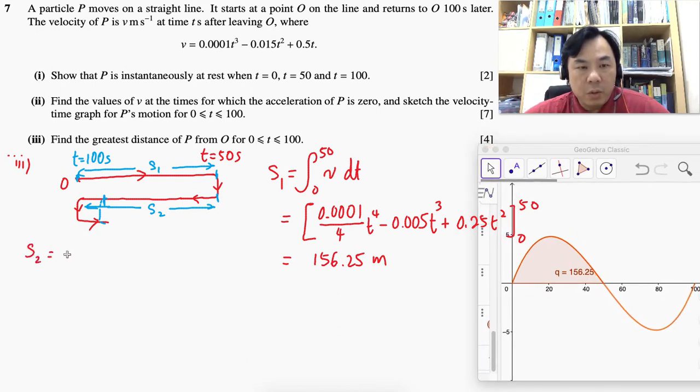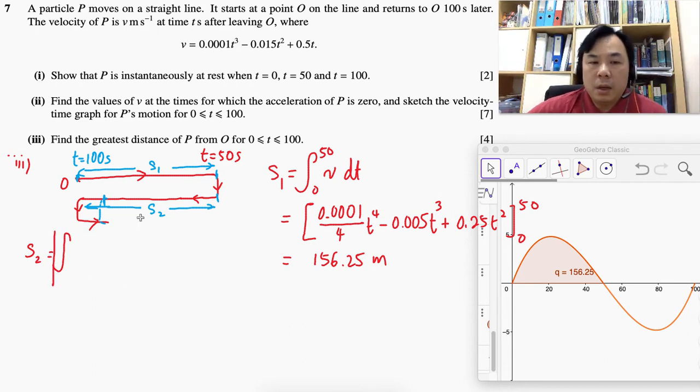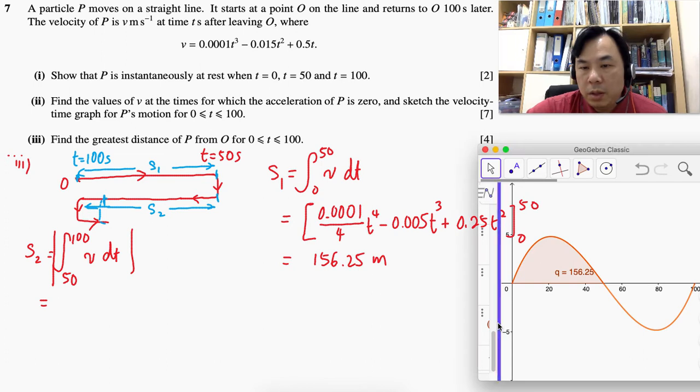So for S2, all right, now here you have to put a modulus sign because the area under the graph is below the horizontal axis. That will be from 50 to 100 of v dt. Now the same idea here. All you need to do is just substitute the 50 and 100 there. I'm going to calculate that directly from here.